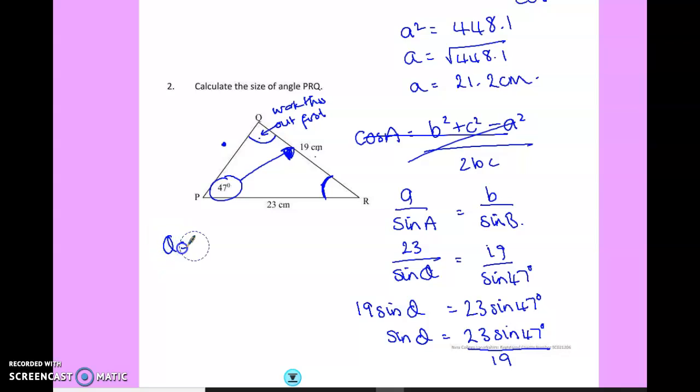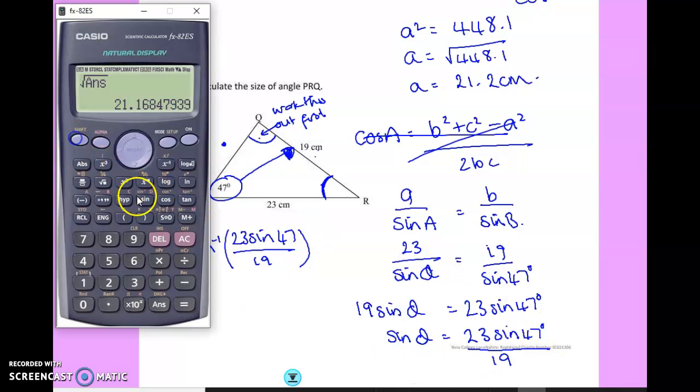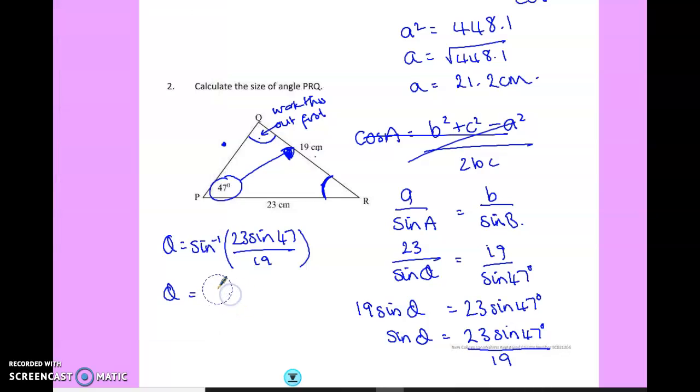So Q is inverse sine of 23 sine 47 over 19, which is 62.3 degrees.